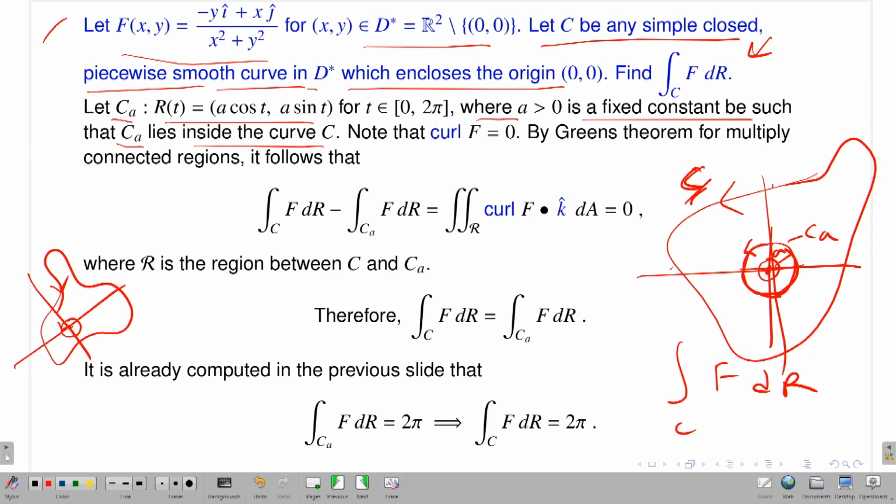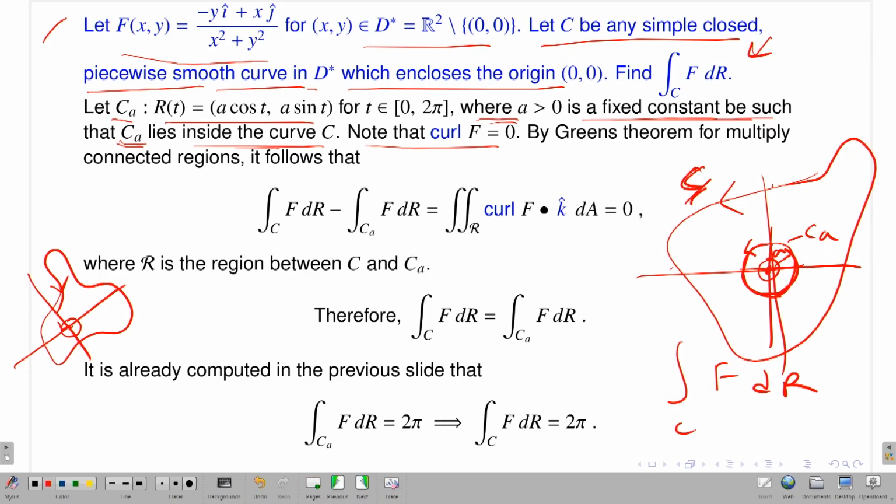Whatever simple closed piecewise smooth curve I take that encloses the origin will always contain a circle centered at 0 with some small positive radius, sitting inside the interior of C. That's the conclusion. So that's what I have written: let CA, where A is positive, be a fixed constant such that the curve CA, a circle centered at 0 with radius A, lies inside the curve C, and that is always possible.